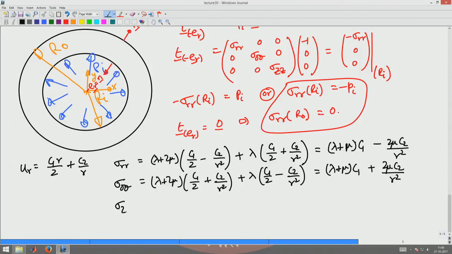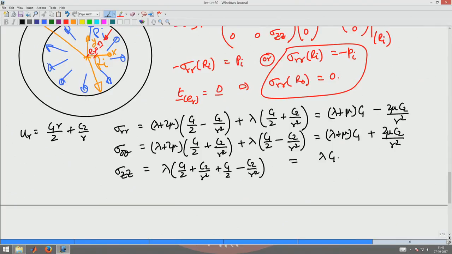And sigma zz now will be lambda times (C1 by 2 plus C2 by r squared plus C1 by 2 minus C2 by r squared), which will be lambda times C1. Now, I apply the boundary conditions, sigma rr at R_i equal to minus p and sigma rr at R_0 equal to 0, to obtain the following equations.